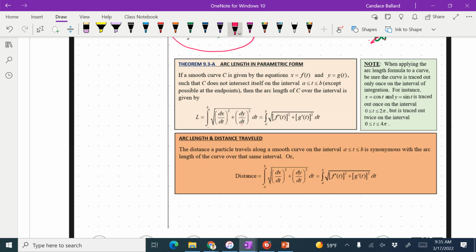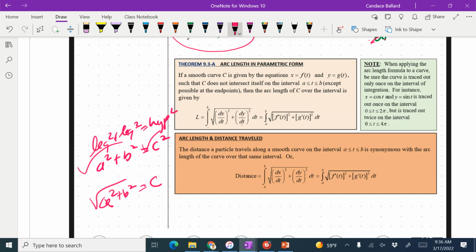Do you guys know another formula that has a couple of squareds in it? Do you remember this one? Or you guys probably learned it like this because you didn't have Mrs. Ballard for geometry, right? And then if I solve that, if I did the square root of both sides, it would be the square root of a squared plus b squared equals c.